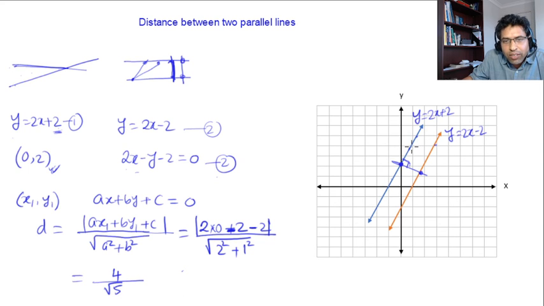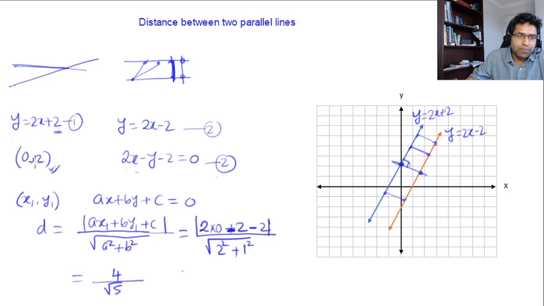So if I go from any point here to any point here, it would also be the same, because as I said, the perpendicular distance is constant everywhere. So the perpendicular distance between these two lines will be 4 over the square root of 5. But for convenience we pick the y-intercept, because getting the y-intercept from the equation is really easier.